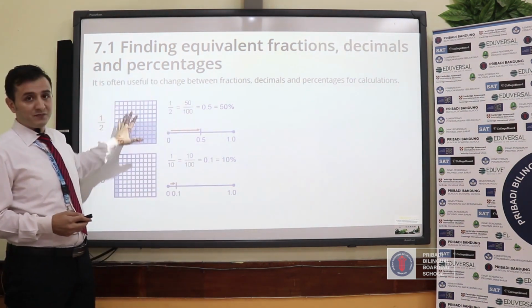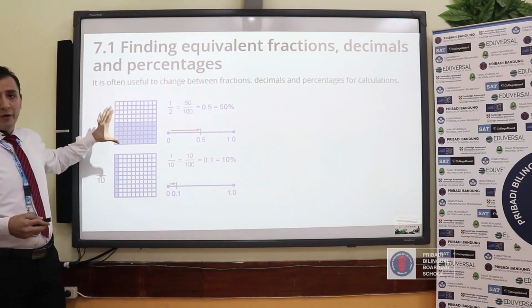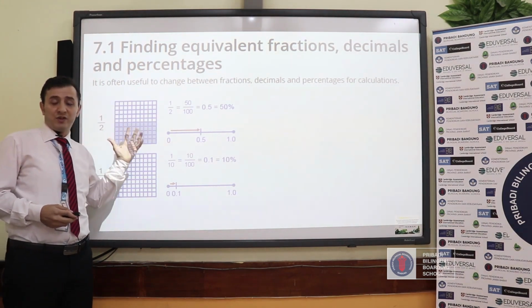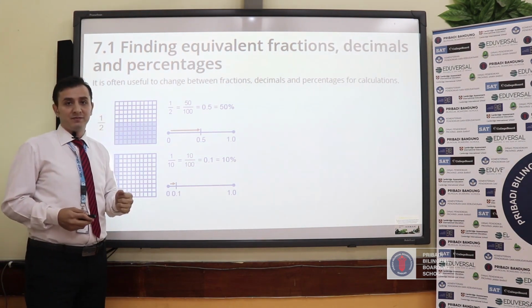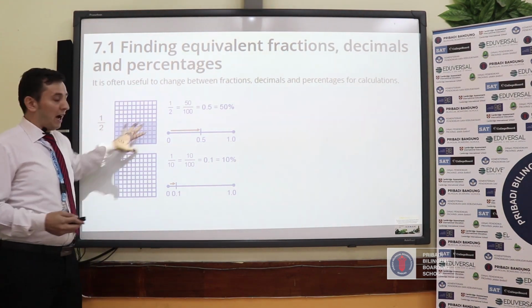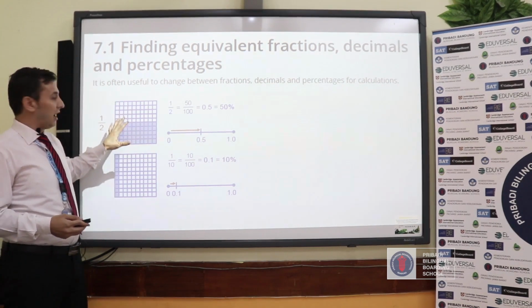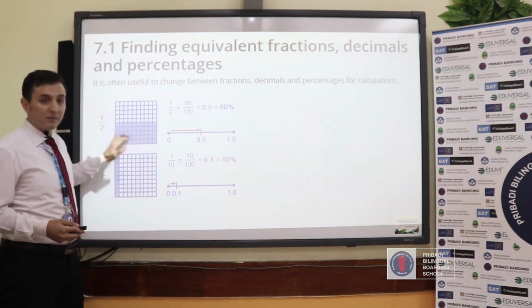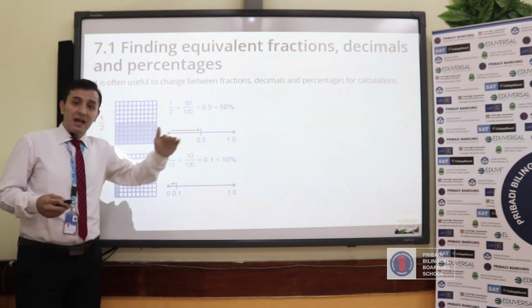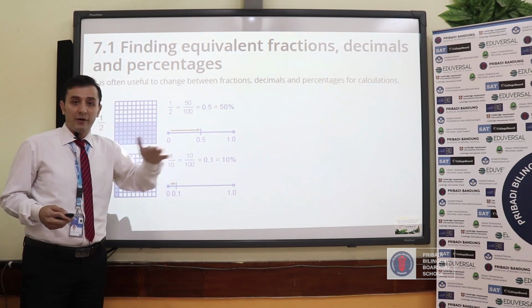Look at this example. This chart is made of a hundred squares, and some of them are shaded. Out of these 100 squares, how many of them are shaded, guys? 50 of them. Can you see that? 50 means half of this chart.